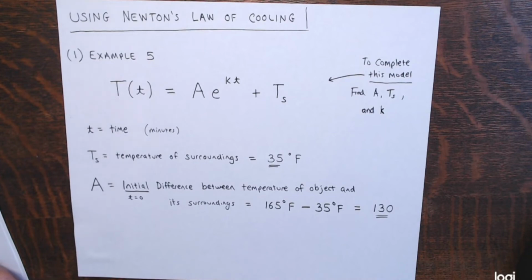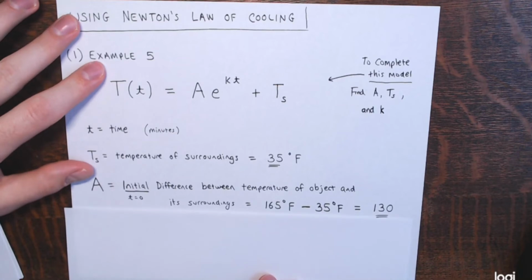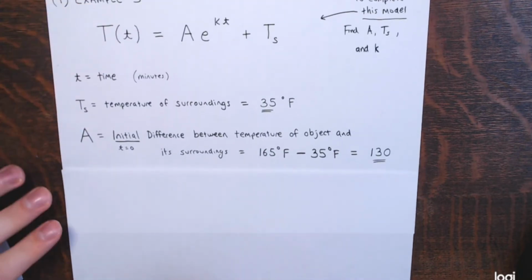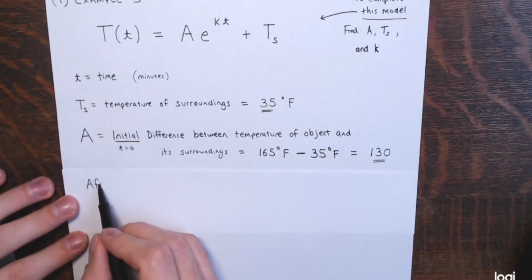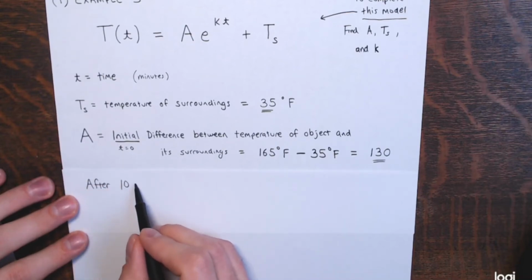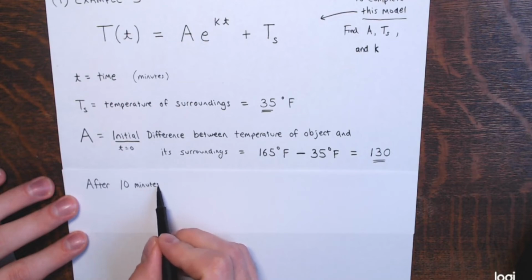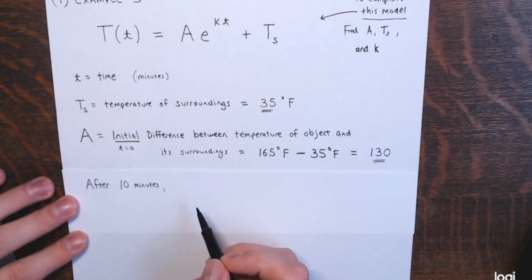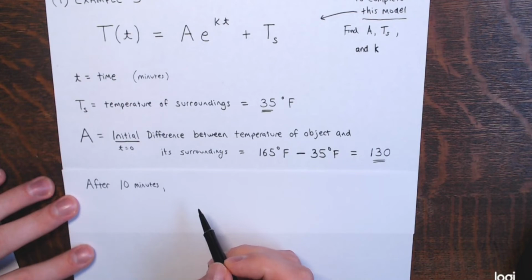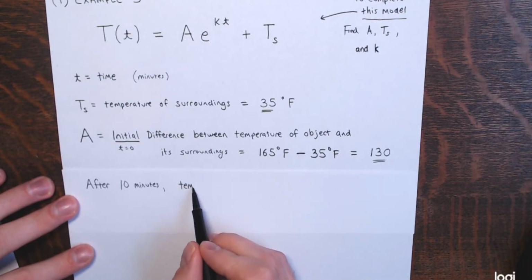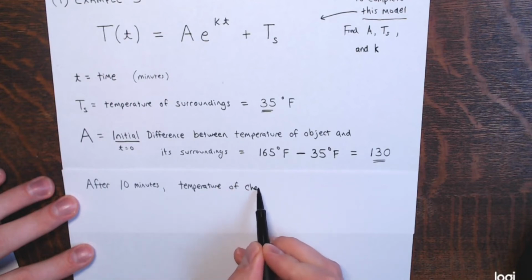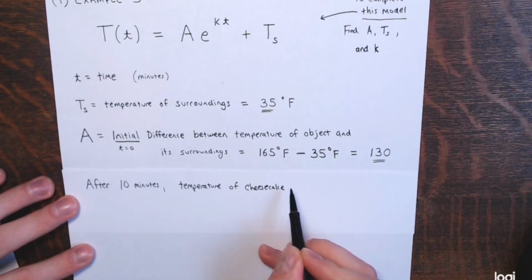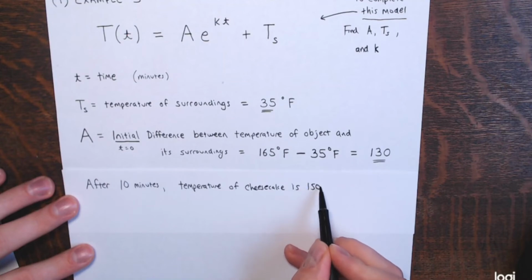Now they told us the following: after 10 minutes in the refrigerator, in those surroundings, the temperature of the cheesecake was 150 degrees Fahrenheit.